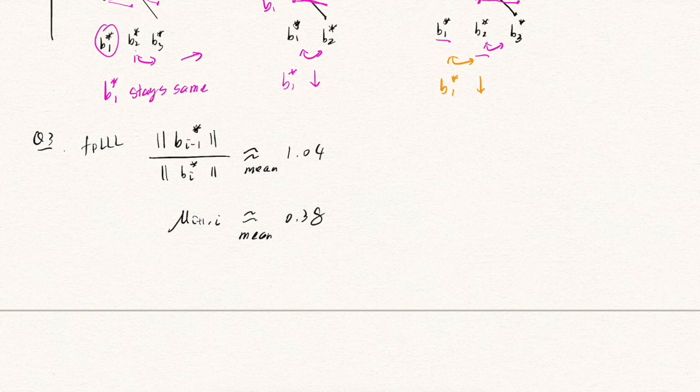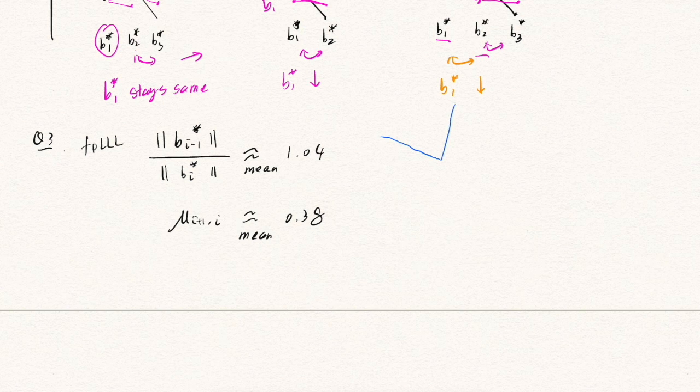After everything is reduced, the output of the LLL algorithm, the GSO orthogonal vectors of the reduced basis will look like they're slowly dropping. Again, Lovász doesn't allow it to drop too quickly. Slowly dropping most of the time, but sometimes it will have a large increase, which is allowed.